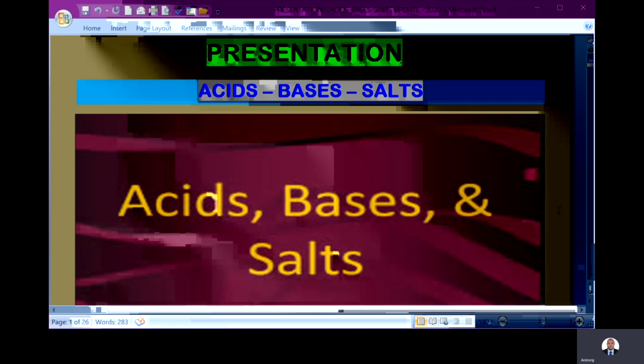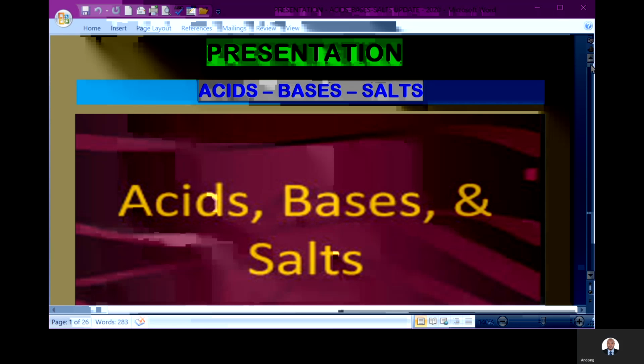In that same order, you should be able to use a universal indicator solution or papers, or pH papers, to differentiate between an acid and a base or alkali.